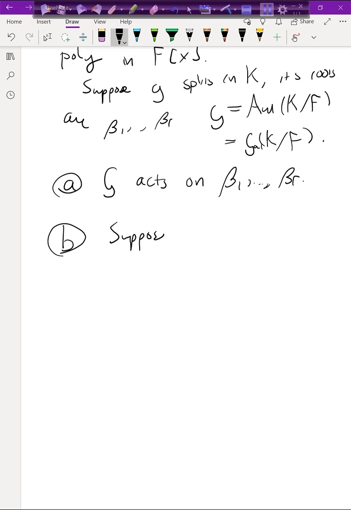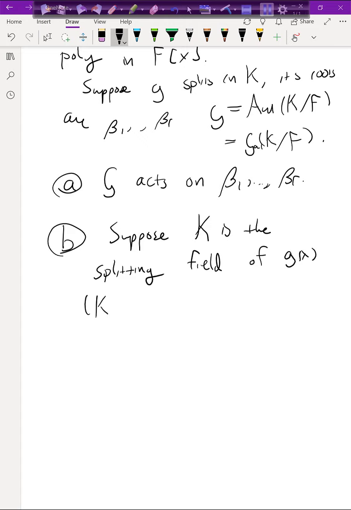Suppose K is the splitting field of g(x). In other words, K is actually equal to F adjoin beta 1 through beta r.